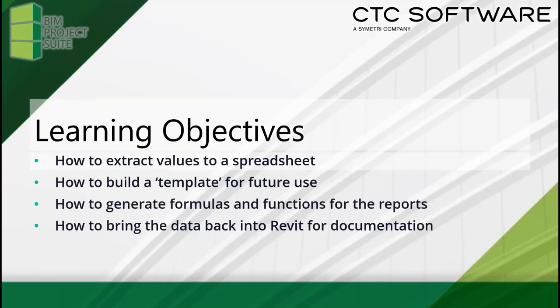So you should be able to do this. First, how to use Spreadsheet Link to extract the values to Excel. The second piece will be how to generate the formulas and which Excel functions can be used to get the numbers that we want.